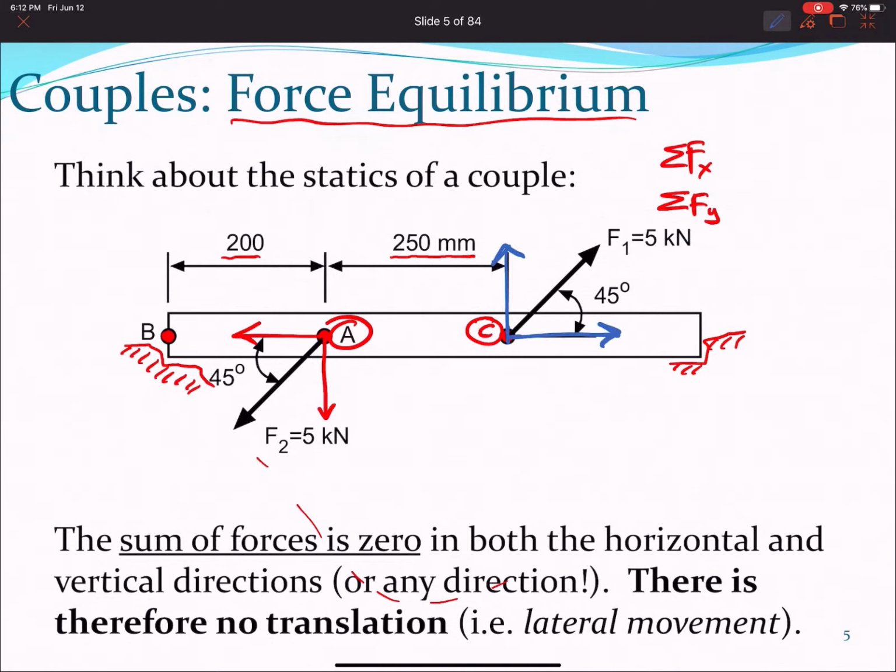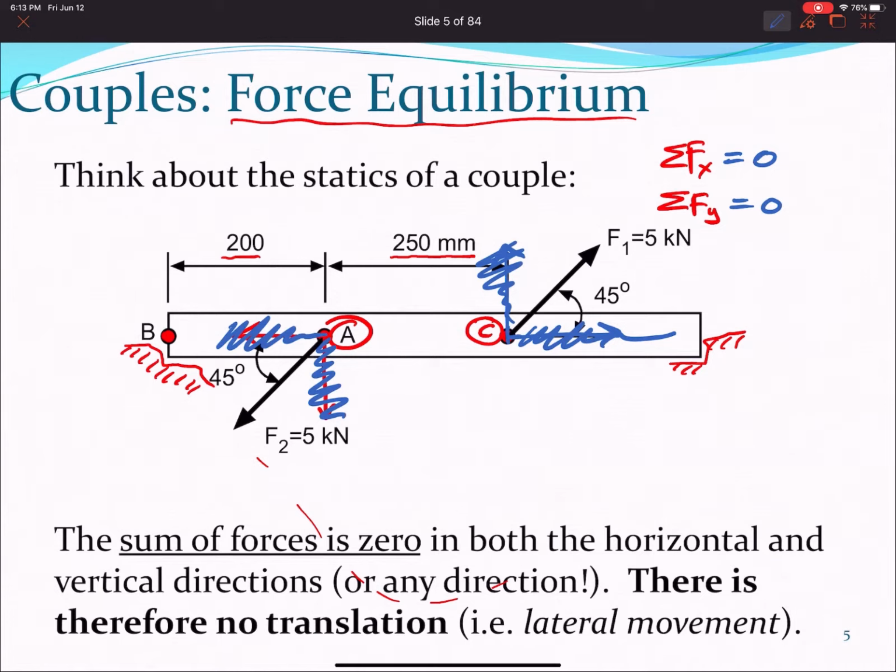We can see that the horizontal components, this one and this one, cancel each other out. And what about the vertical ones? They cancel each other out too. So the sum of forces in X equals 0 and the sum of forces in Y equals 0.